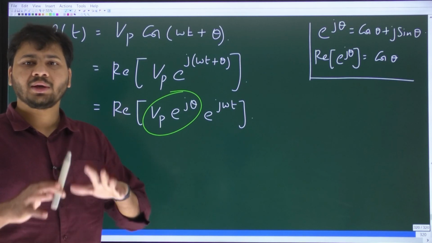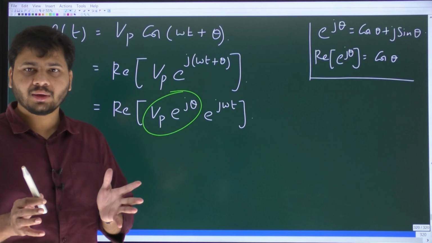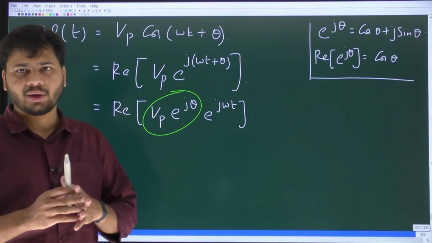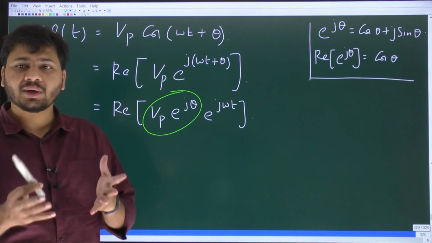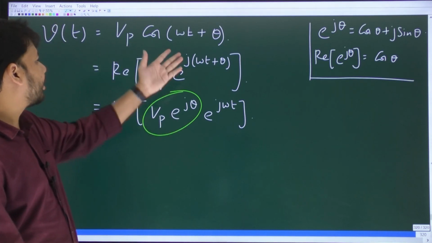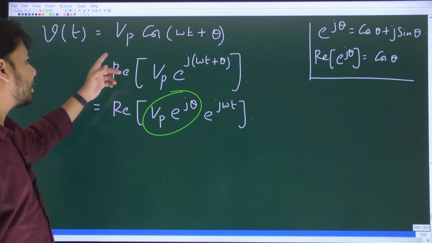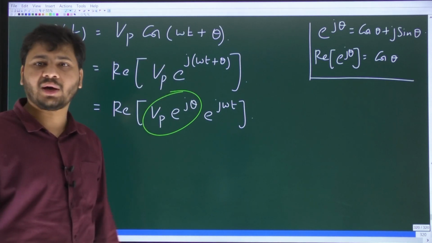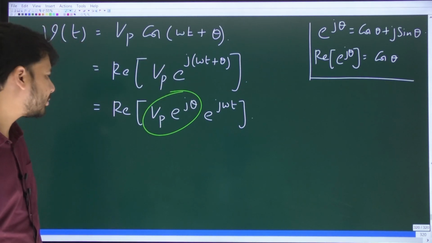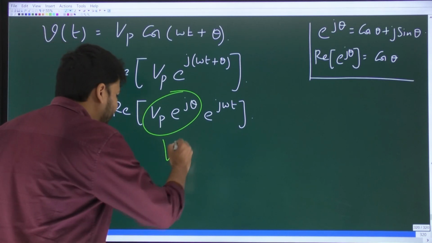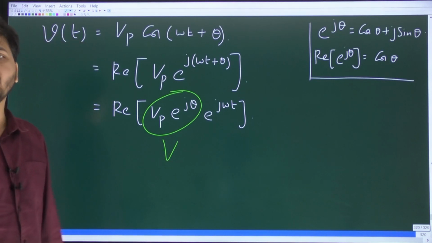Phasor voltage is a complex number which has units of voltage, and this complex number is going to represent the original sinusoidal voltage. And what is our original sinusoidal voltage? Vp cos omega t plus theta. Now this phasor voltage will be denoted by capital V.